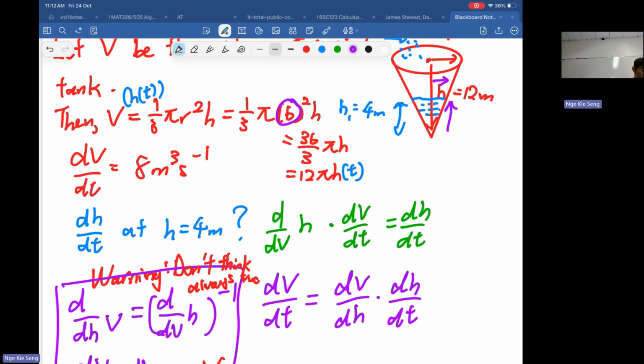But you will do this substitution when you want to check at height equals 4 meter. So this is the volume at the height equal to 4 meter. In general, this radius is not constant. I mean, it's changing with respect to time.